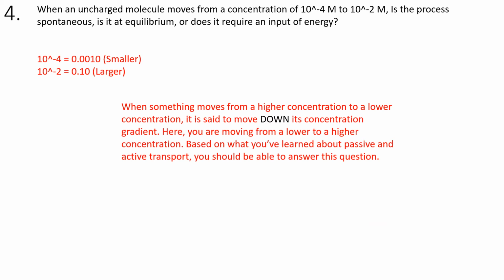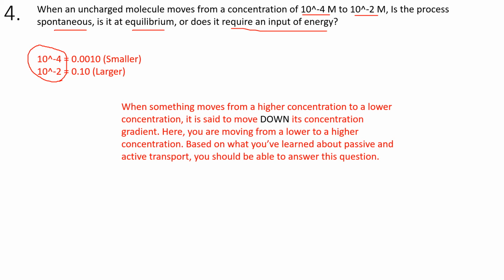Okay, number 4. When an uncharged molecule moves from a concentration of 10 to the negative 4 molarity to 10 to the negative 2 molarity, is the process spontaneous? Is it at equilibrium? Or does it require an input of energy? Whenever I get numbers like these, I like to rewrite them.